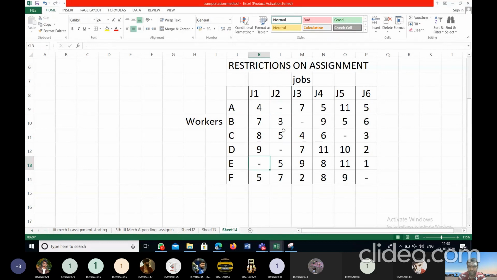J1 should not be assigned to E. J3 should not be for B. J5 should not be for C and J6 should not be for F, right? Now, can anybody guess why we are restricting some people not to have that job?